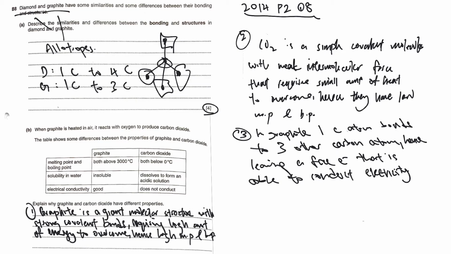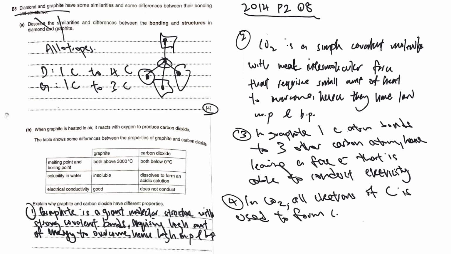Alright, how about carbon dioxide? Right, in carbon dioxide, all electrons of carbon are used to form covalent bonds with oxygen.